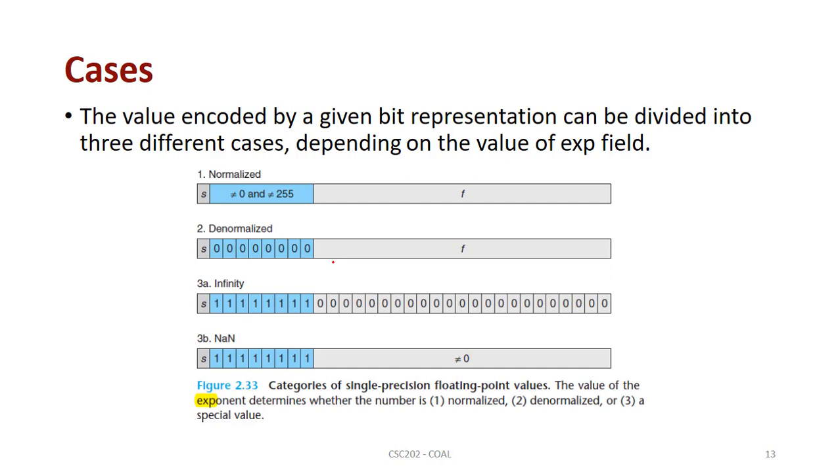Based on what is encoded in those 8 bits, we can have 3 different variations. One is the normalized form, one is the denormalized form, and one is the special case. The third one is a special case, which in turn has 2 different subtypes. We'll shortly see how these 3 different floating point encodings are used to represent the whole bunch of floating point numbers.